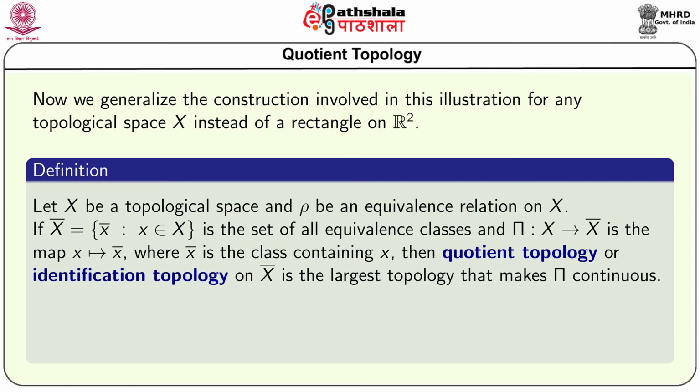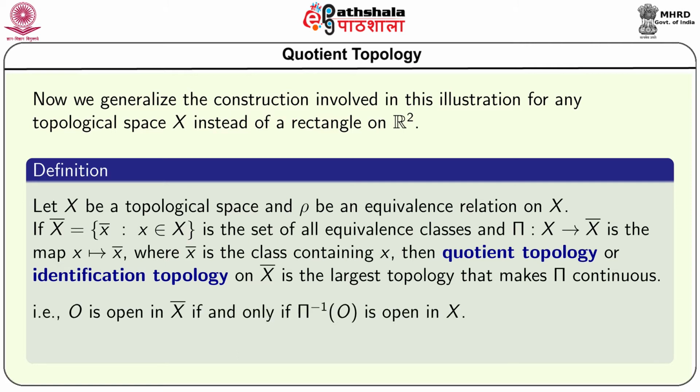So, we define the function pi as usual from capital X to the set of classes by the map which takes the point x to x bar, where x bar is the class containing the point x. The quotient topology is the largest topology that makes this function pi continuous.